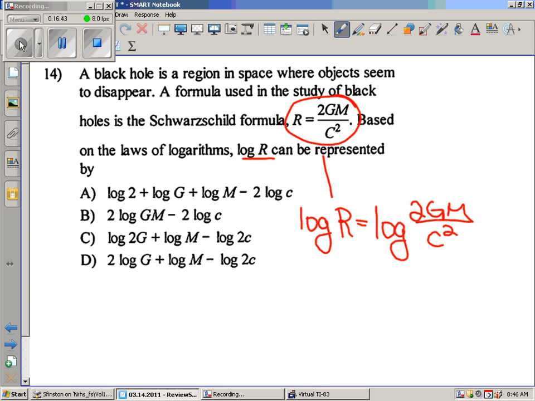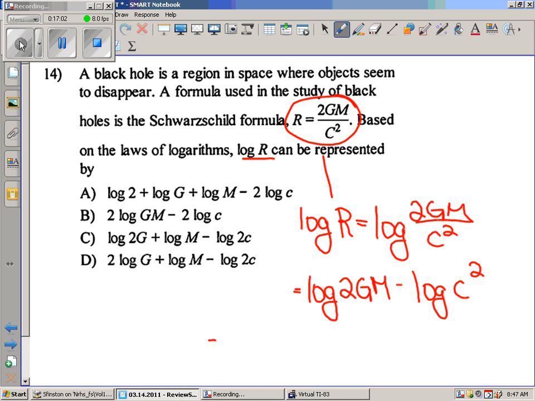So I'm not going to rewrite this side. I'm just going to take this and keep going. So this is equal to the log of 2gm minus log c squared.